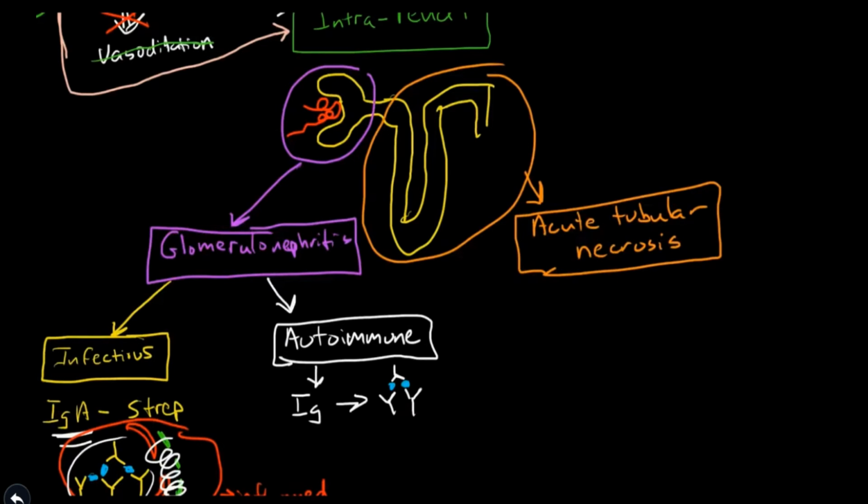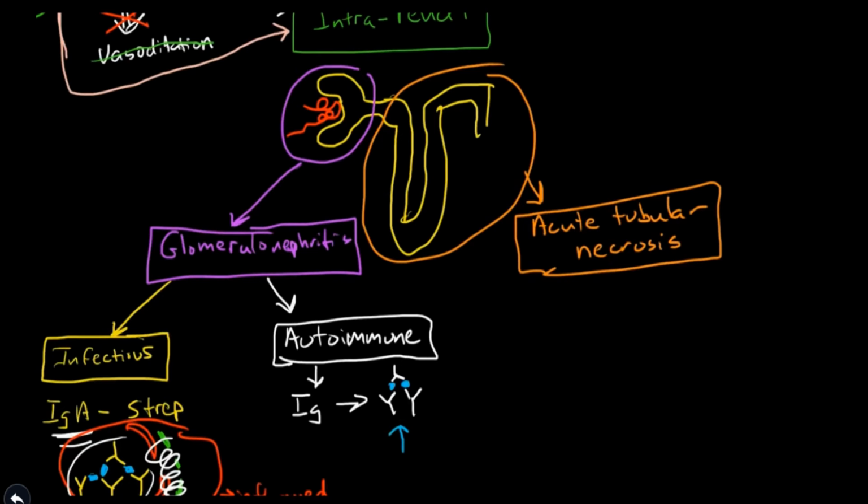An example of this is a type of glomerulonephritis called rapidly progressive glomerulonephritis, also called pauci-immune glomerulonephritis. And this is caused by anti-neutrophil antibodies that bind with proteins on neutrophils and cause the exact same reaction.